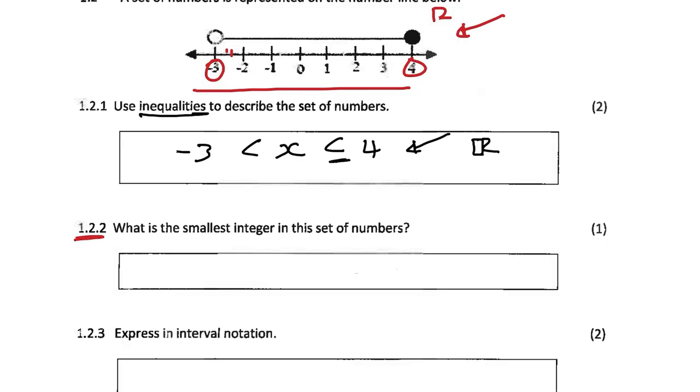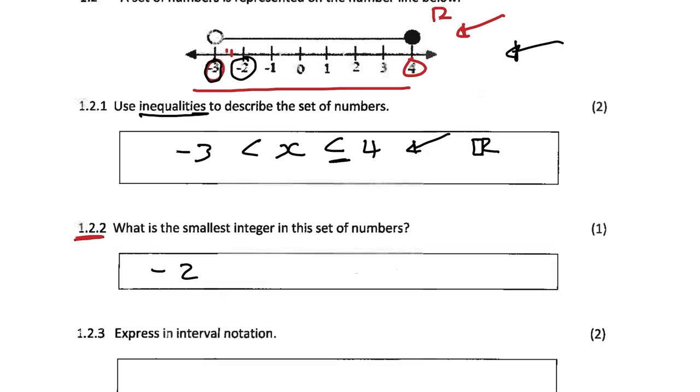The smallest integer that we have, remember this one is not included here, is going to still be negative 2. So the answer is still negative 2 there. We look at the smallest one like that. Remember, this question did not say on the number set. They talked about this interval here. So that is how we'll answer it.